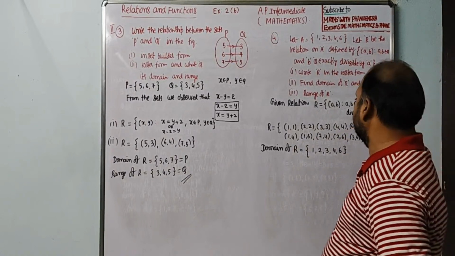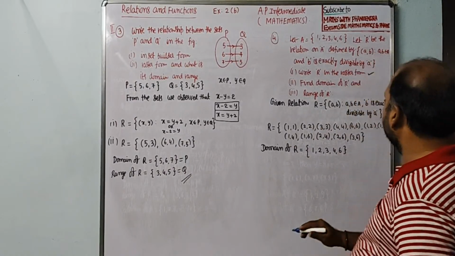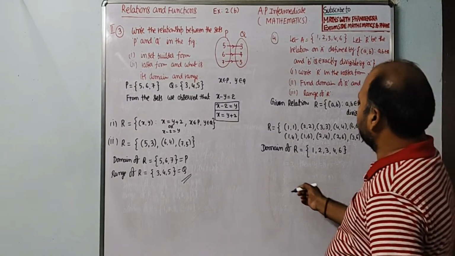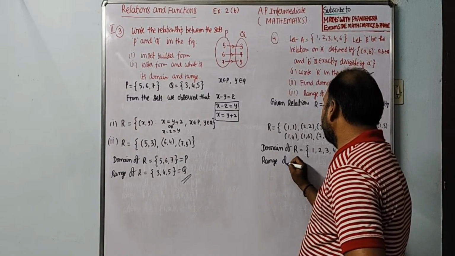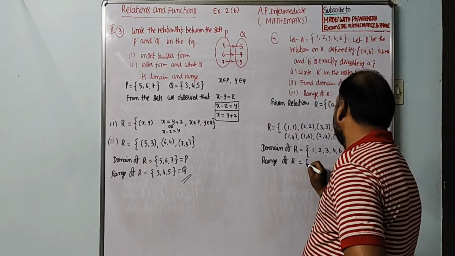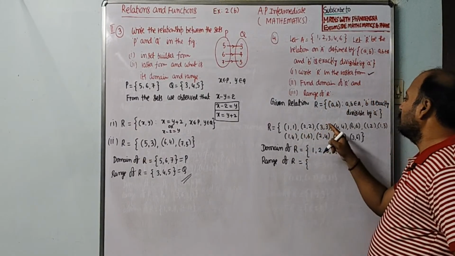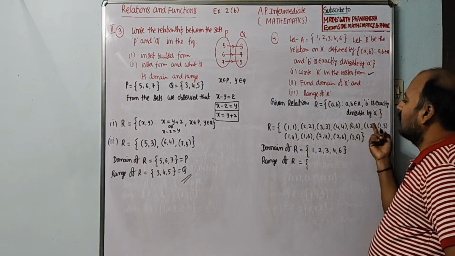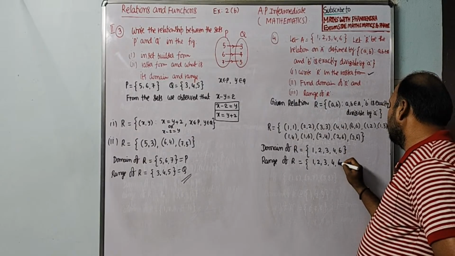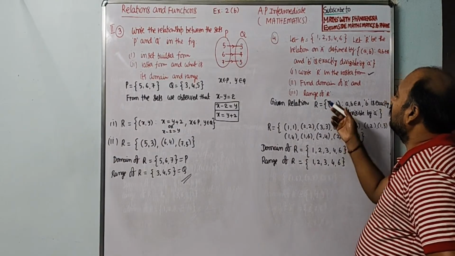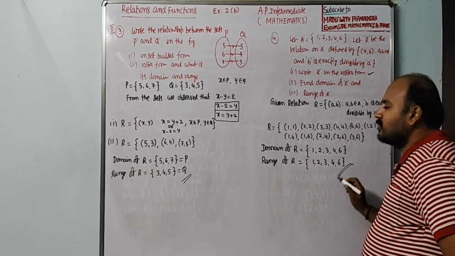Other than this, elements are not there. Next, range. Range of R. So 1, 2, 3, 4, 6. All the elements are there. So domain and range we got it, dear students.